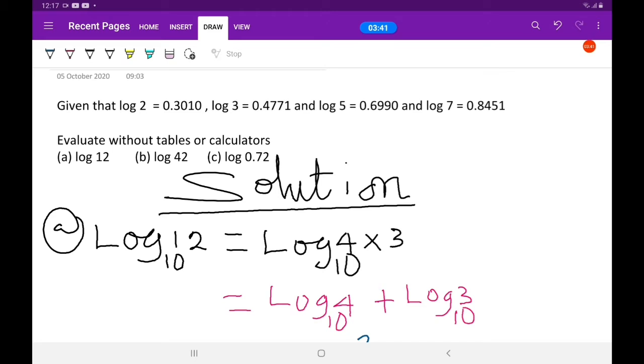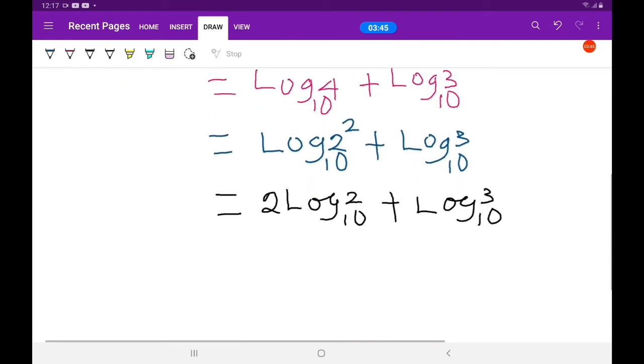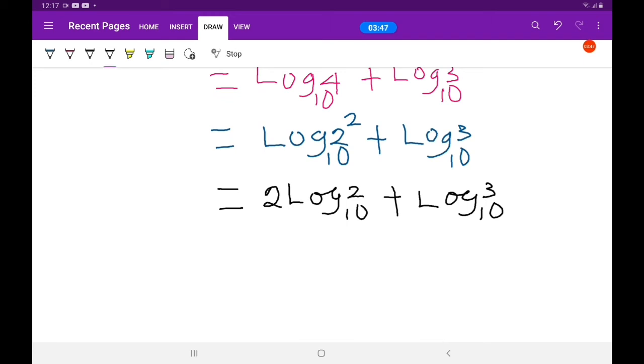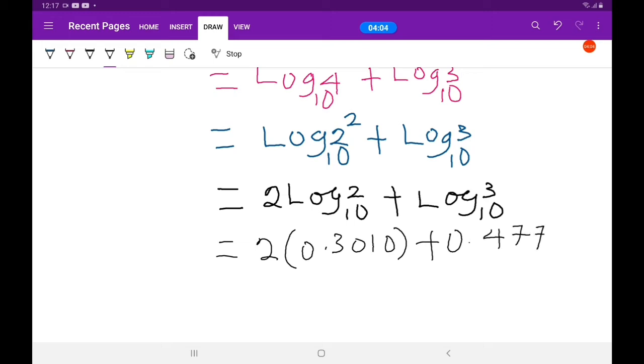Very good. So log 2 has been given to be 0.3010. So this will now give us 2 brackets 0.3010 plus log 3, which from the question is 0.4771.